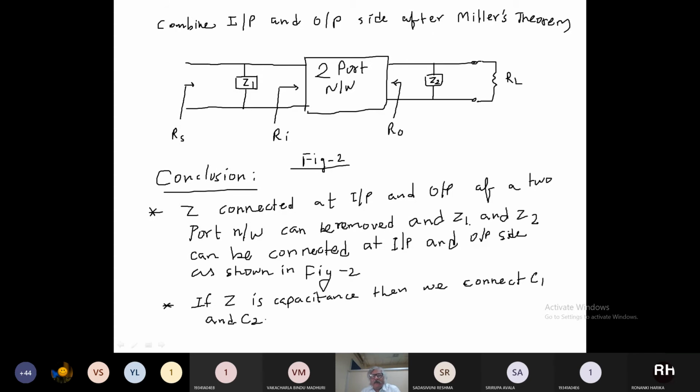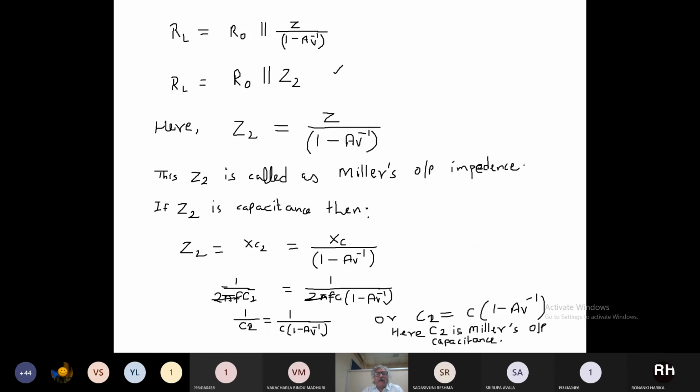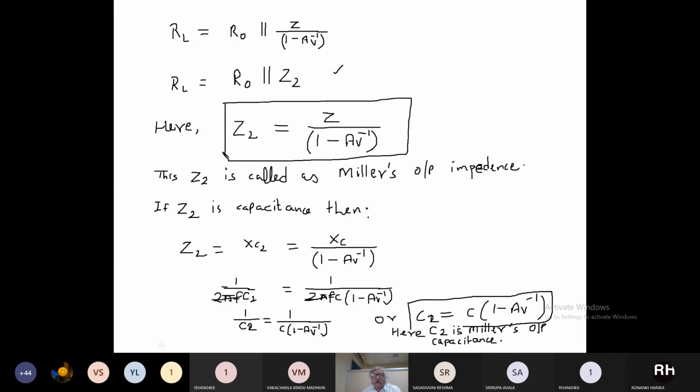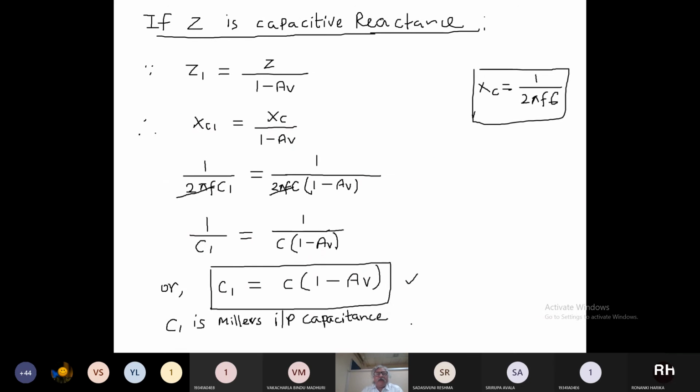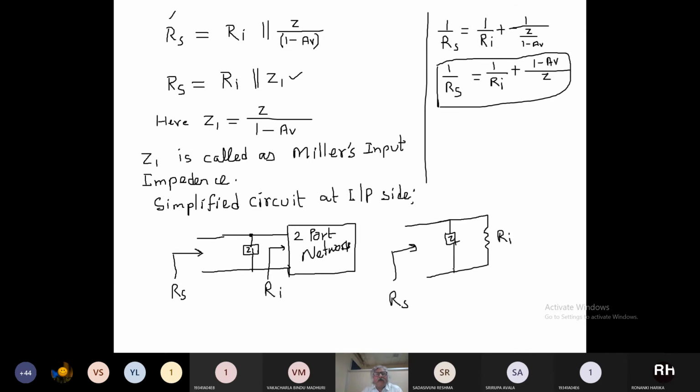And what will be the value of Z1 and Z2, or C1 and C2? For this, we have already done the calculation. For getting the value of Z2, we will use this formula. For getting the value of C2, we will use this formula. In the same way, for getting the value of C1, we will use this formula here, and for getting the value of Z1, we will use this formula. Okay?